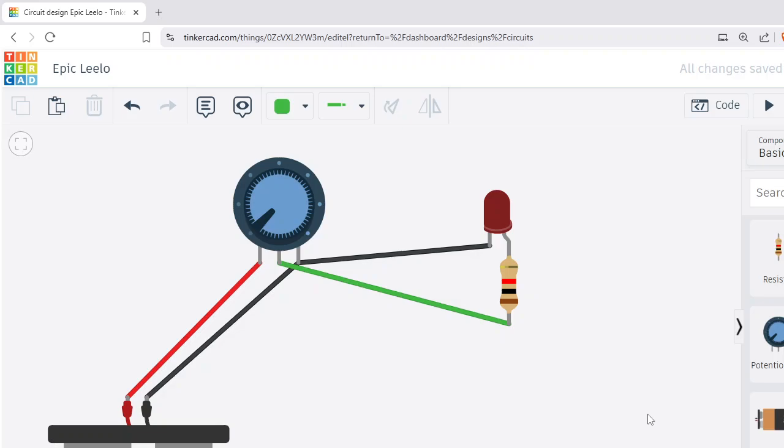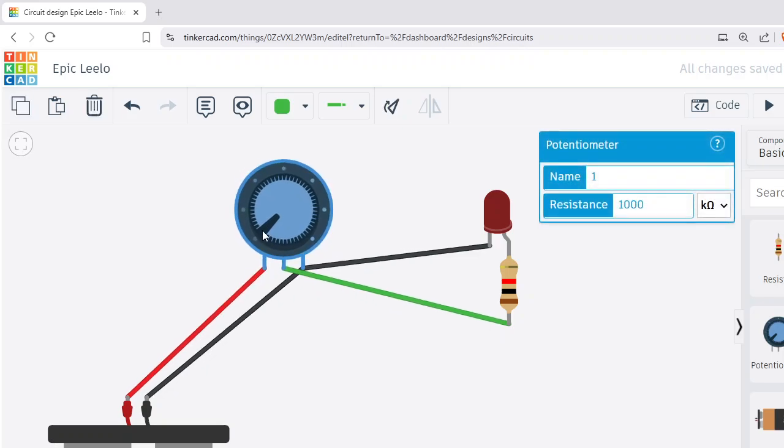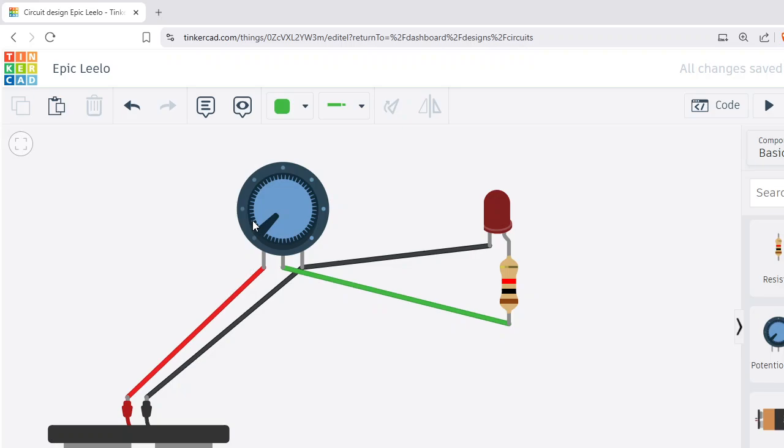What is going to happen now? Let's have this as 250k only. If it is in this position, the current goes from here to the wiper, and out from here. Is there any resistance? No resistance at all, right?